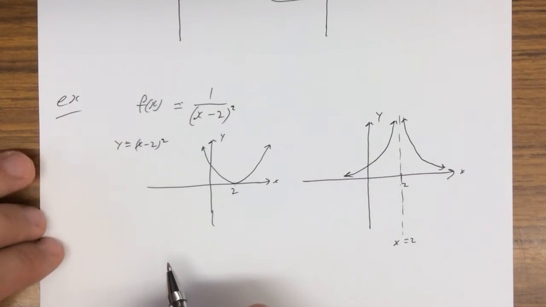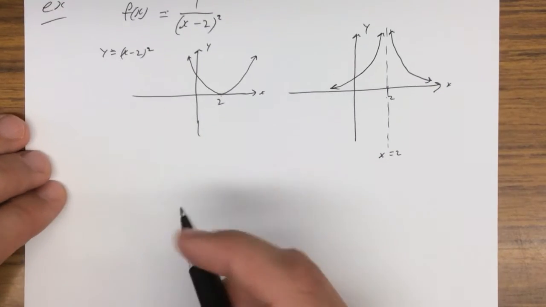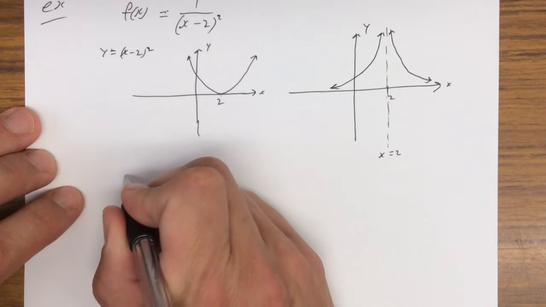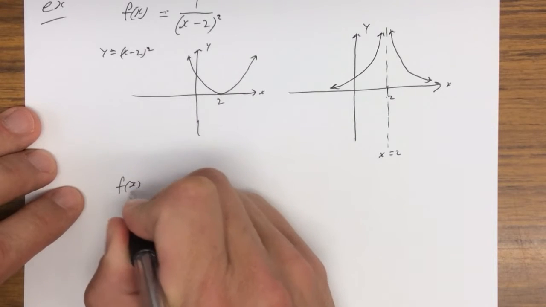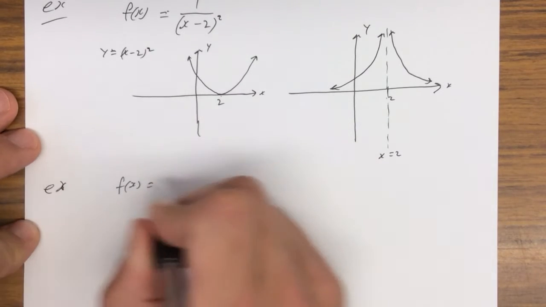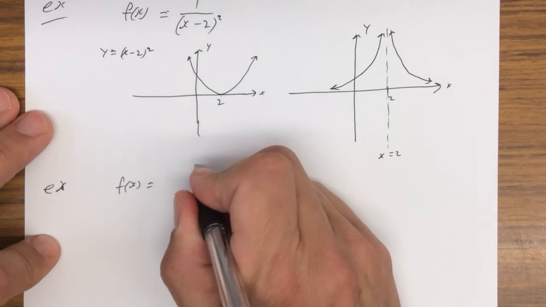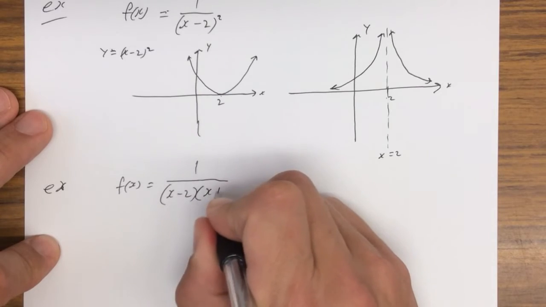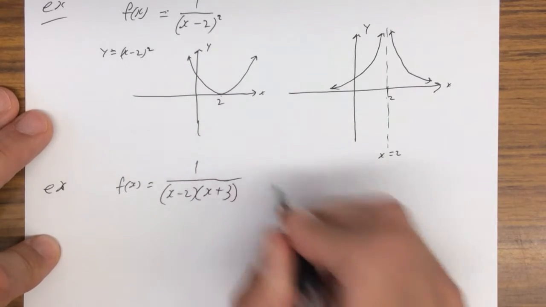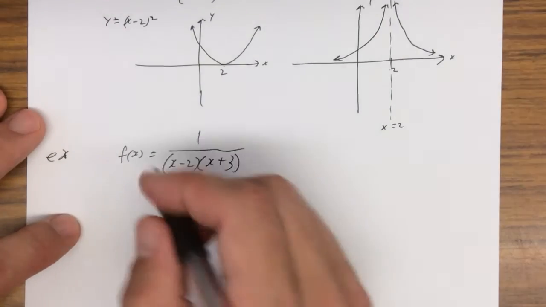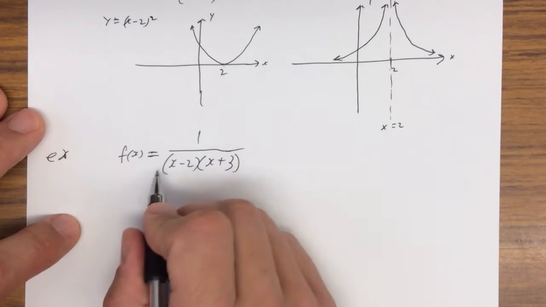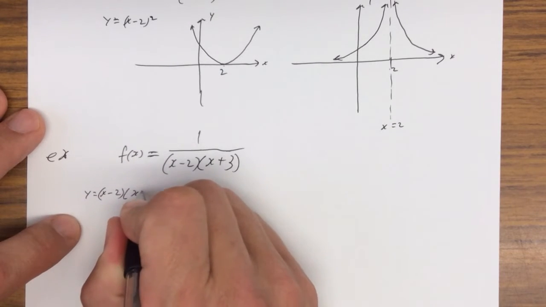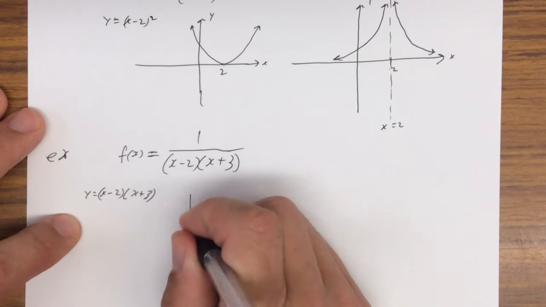Now, to get a little bit more complicated, if you had one where the bottom isn't necessarily a perfect square, you might have 2 zeros. So f of x equals, let's say, 1 over x minus 2 times x plus 3. Well, if you want to graph that, you could graph the denominator first, so y equals x minus 2 times x plus 3.